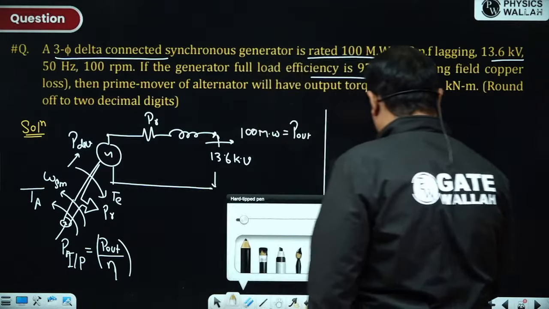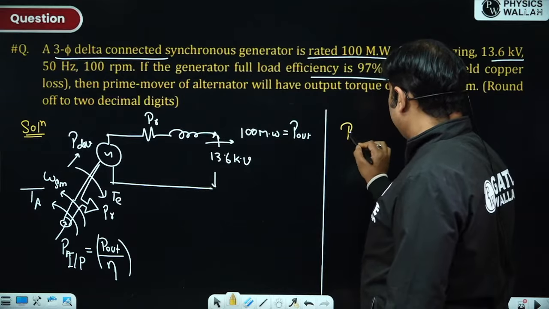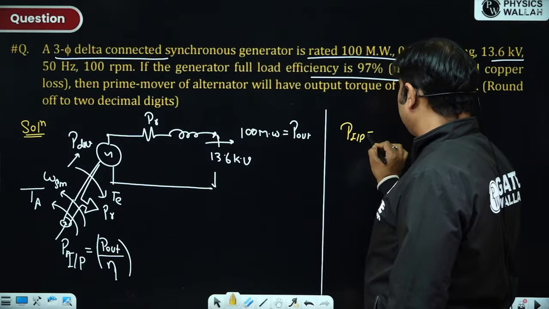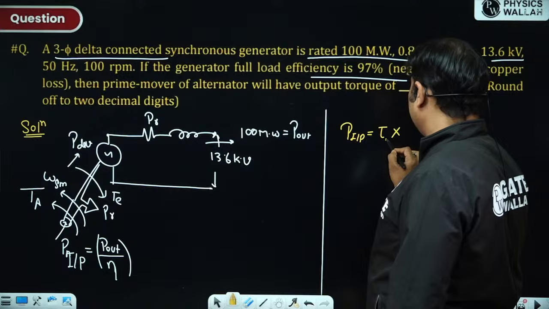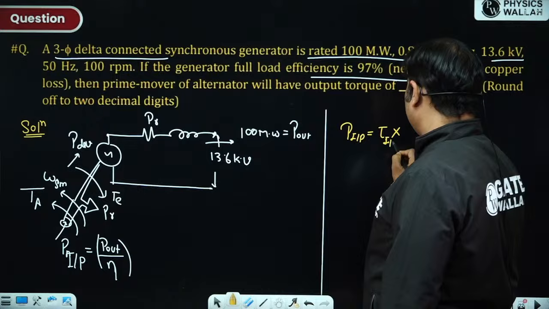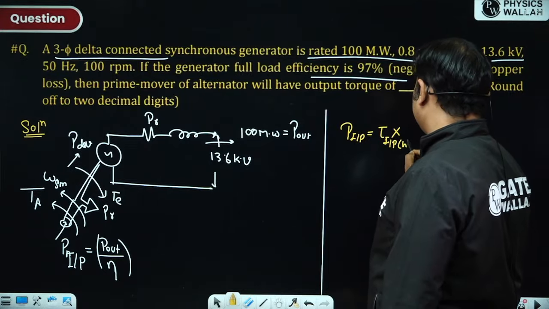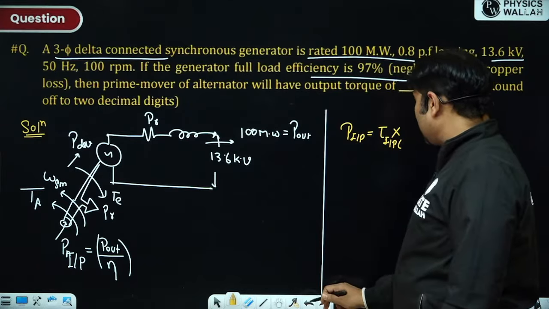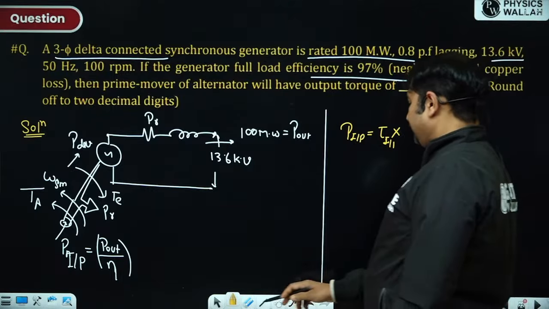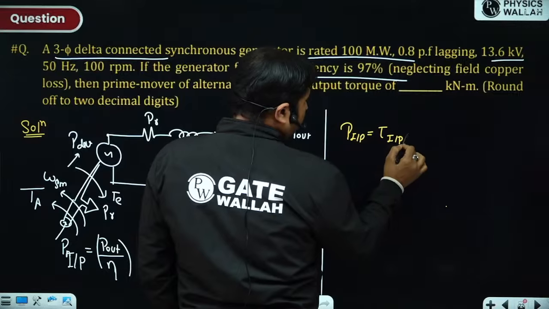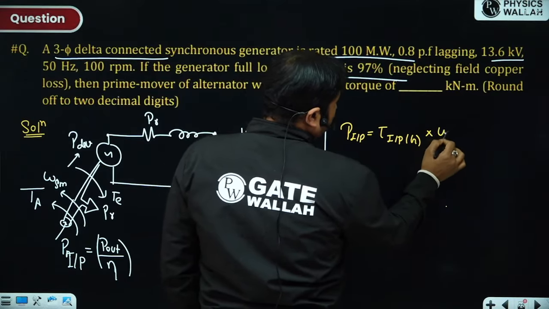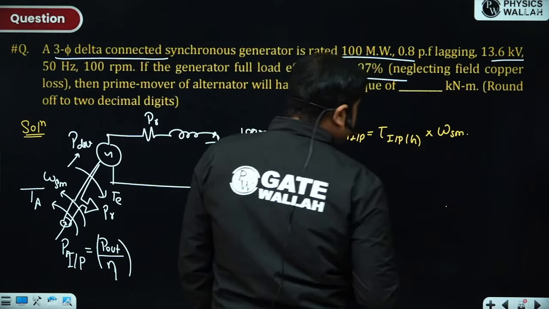We can calculate input power directly. Input mechanical power to the generator is torque input to generator into omega sm. Is it okay?